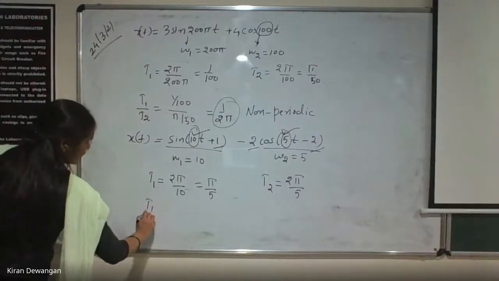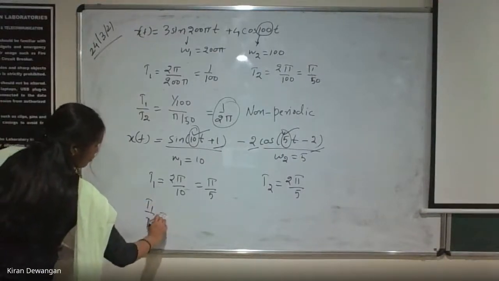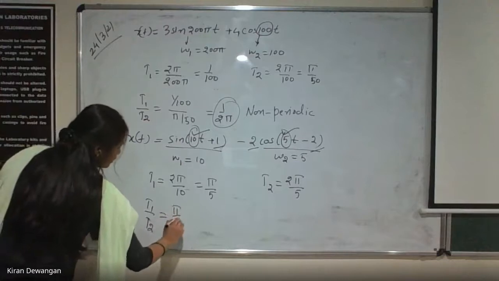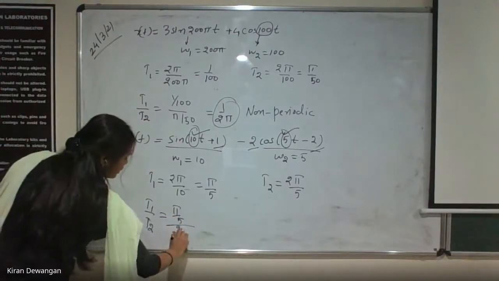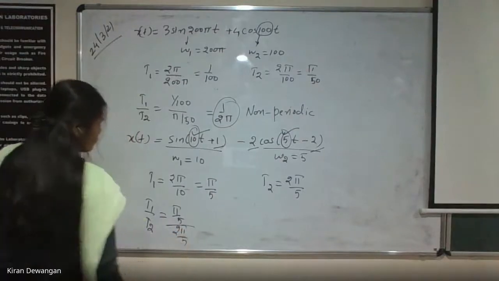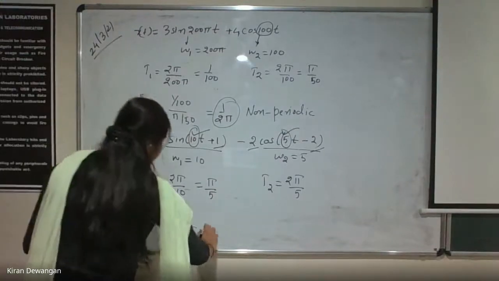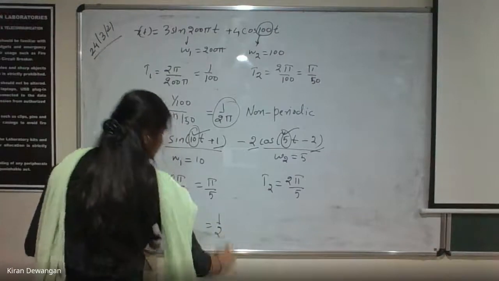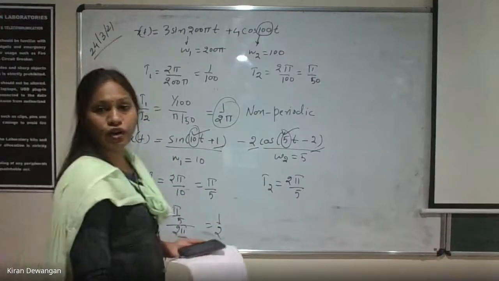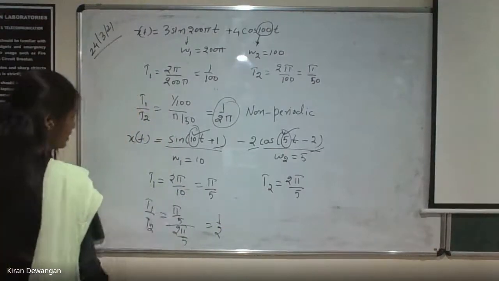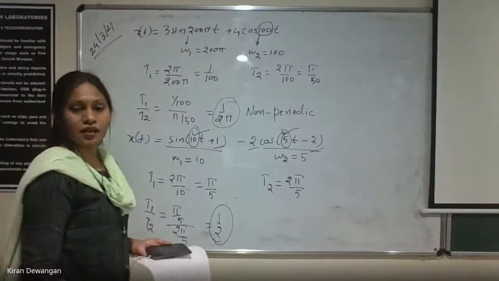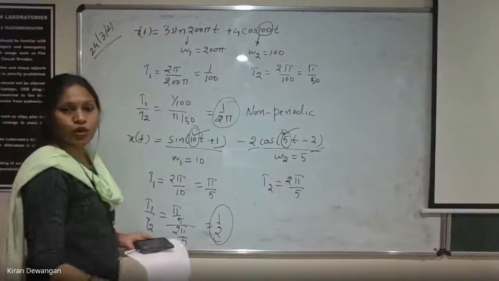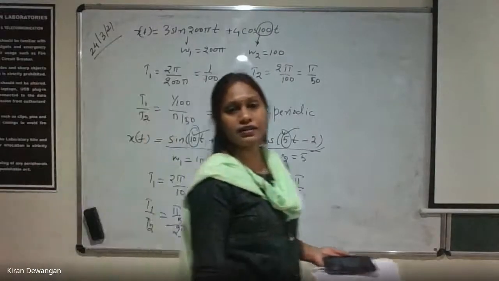Now if we take the ratio T1 by T2, pi by 5 by 2 pi by 5, what is it? It's 1 by 2. So is it periodic or non-periodic? The ratio is coming 1 by 2. Yes, tell me whether it's periodic or non-periodic. It is periodic.